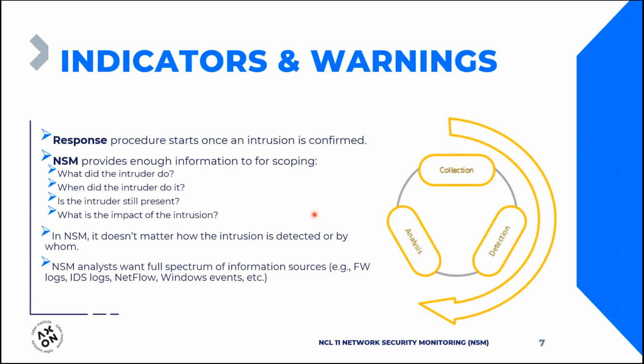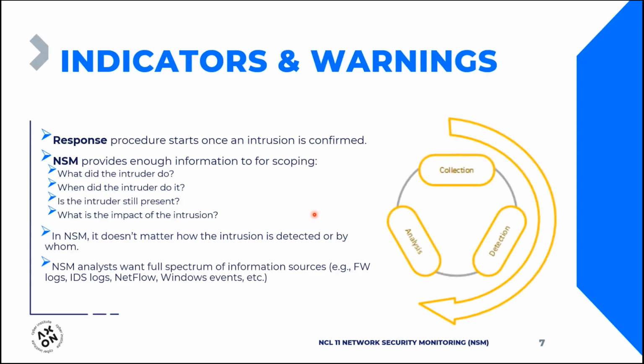In NSM, we do not care much about how the intrusion is detected or who detects the intrusion, unlike an IDS, for example. The analyst will gather indicators from as many devices and as many sources as possible. So the NSM analyst might find the hint to one intrusion through a firewall log.